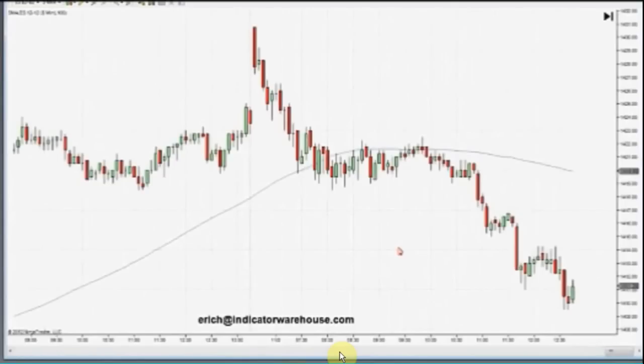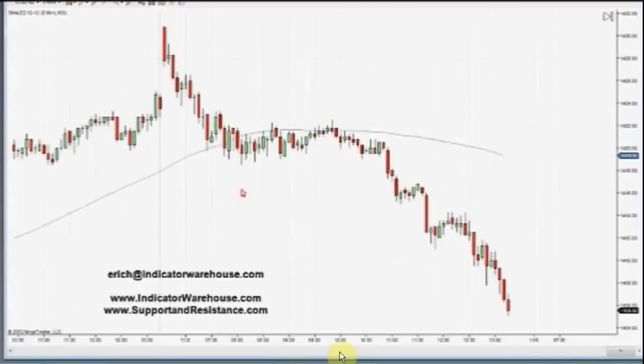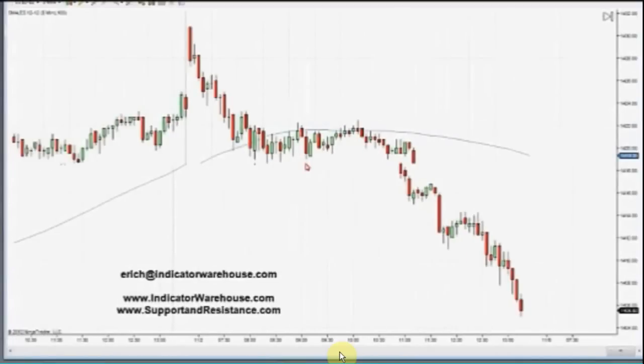If it is below the line, I only look to sell. Pretty simple, right? If it is above the line, I am only looking to buy support. If it is below the line, I am only looking to sell resistance.